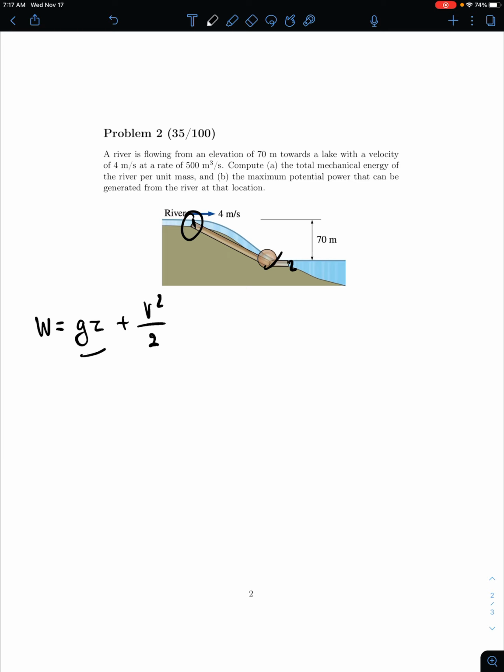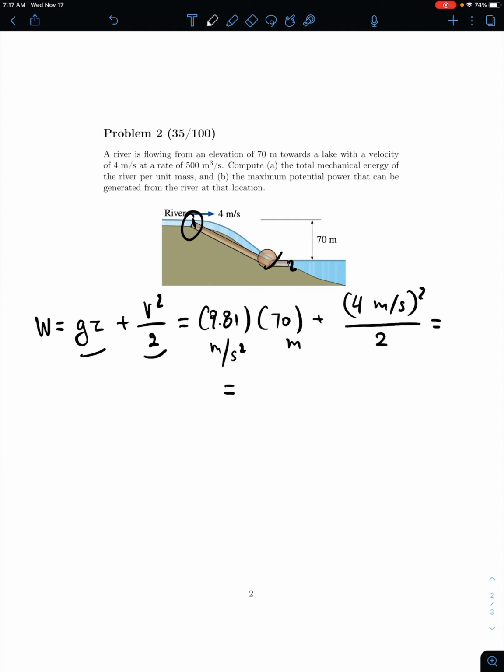So we've got potential and kinetic energy. And if we plug in the numbers here, we've got 9.81 times 70 plus 4 meters per second, and let me just add the units here, squared over 2. So here we've got meters, and then we've got meters per second squared.